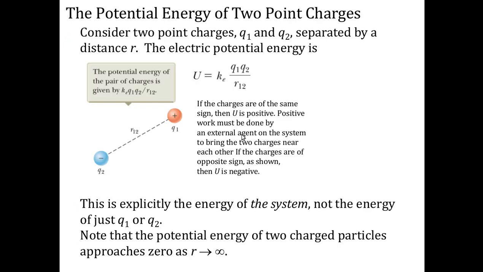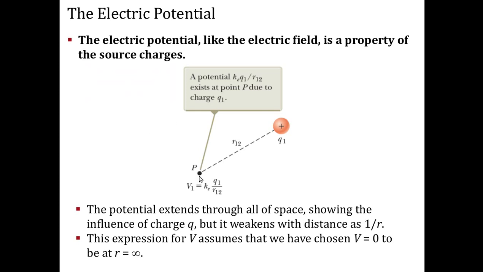So this is the potential energy of a multiple charge system, right? We're talking about the potential energy of that system. But if I got rid of one of those charges, much like electric field, there would still be a potential field at some location due to this single charge. And that's what we're talking about when we talk about potential difference and voltage.